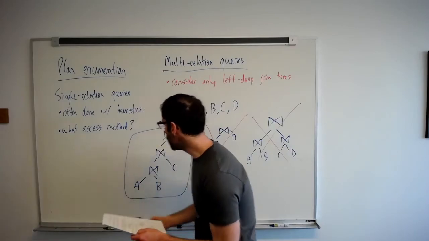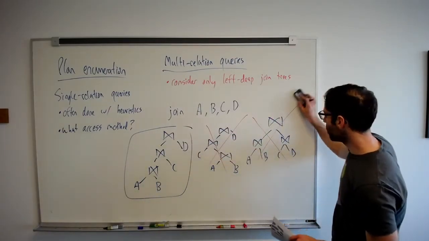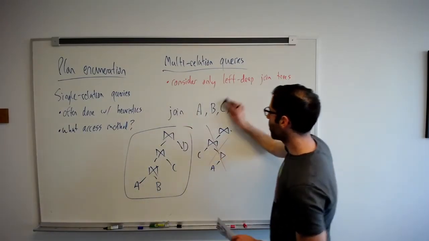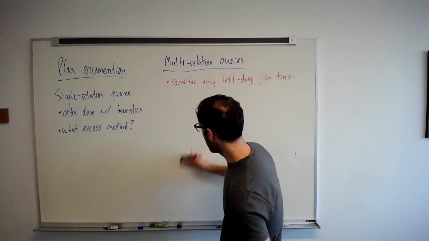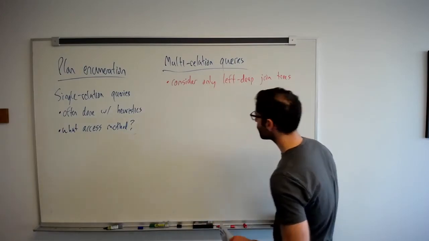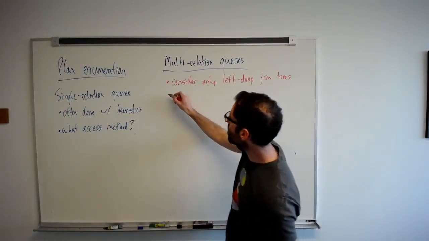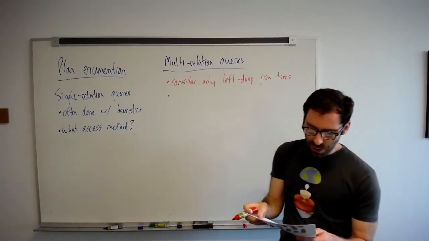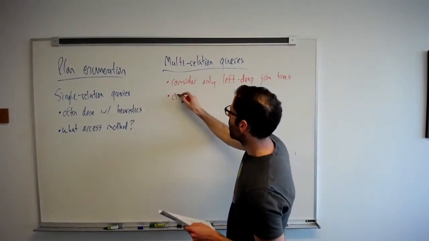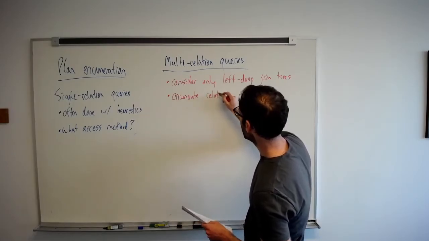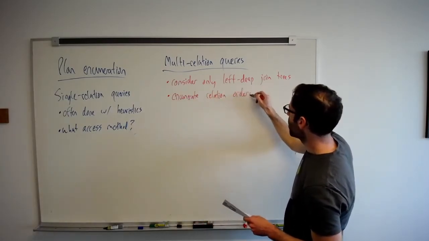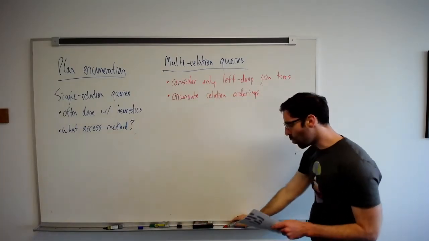And in order to generate possible different plans, our optimizer is going to enumerate relation orderings.